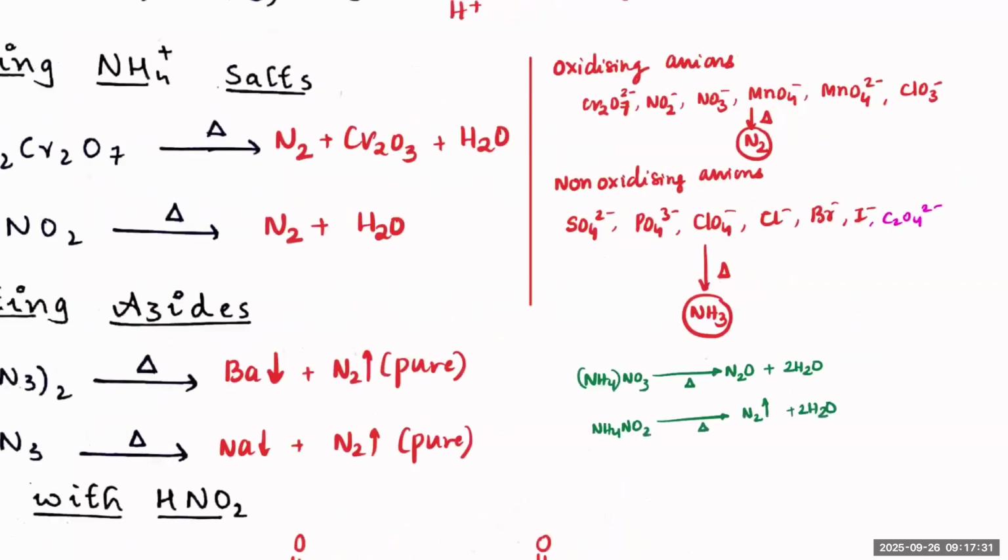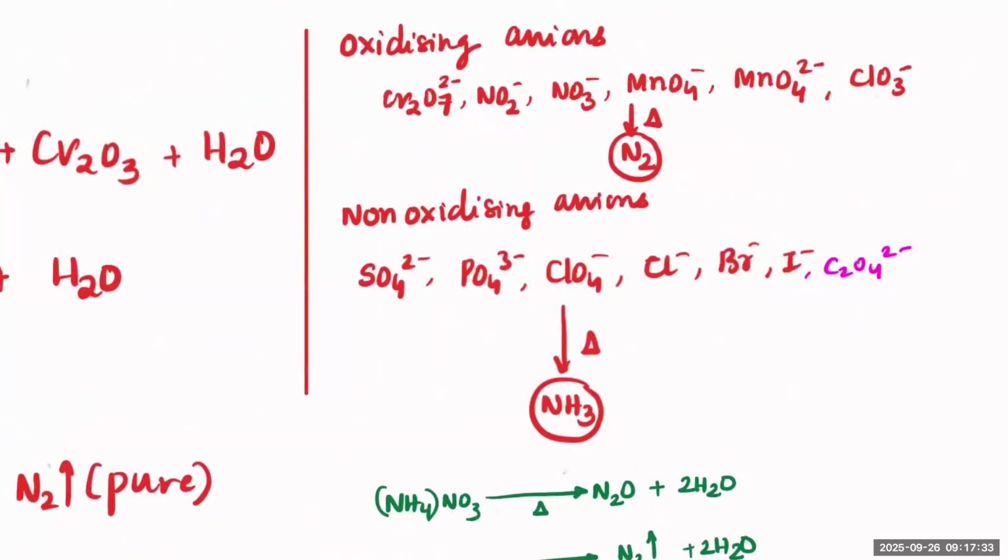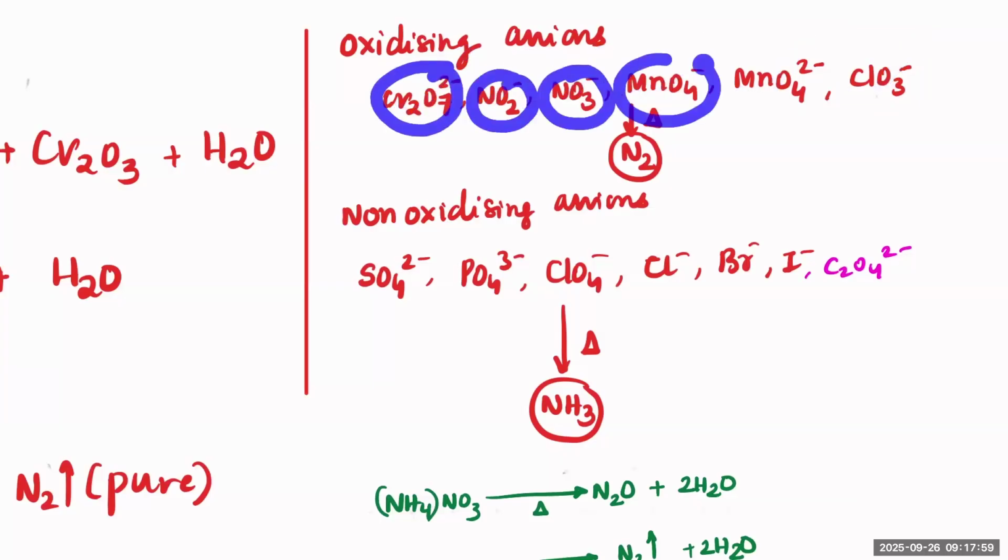On this, there is a concept we can understand: whenever we take ammonium salts, there are two types of ammonium salts. One is oxidizing ammonium salts, and the other is non-oxidizing ammonium salts. Oxidizing ammonium salts are connected with anions which are oxidizing agents. These are all oxidizing agents: dichromate, NO2 minus, NO3 minus, MnO4 minus, MnO4 2 minus, ClO3 minus.